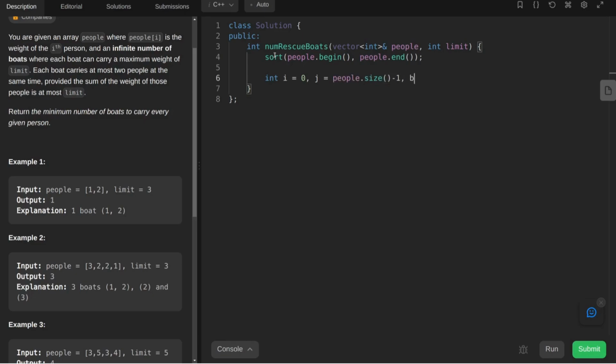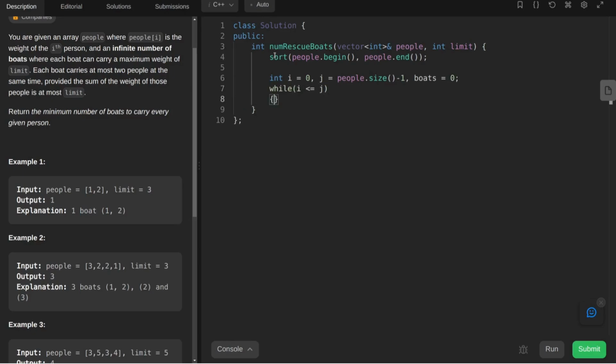And I will create my boats variable where I will store the number of boats required. So yeah, and while i is smaller than j, I will check what is the current sum. Int currentSum is equal to people[i] plus people[j]. So yeah, this is my current sum.